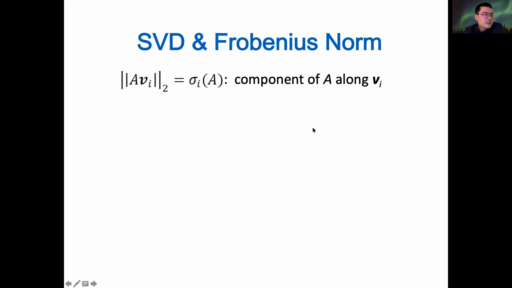So let's recap what we defined earlier. If you put vi here and compute this component, take the square root, it's sigma. This is a singular value, a component of A along vi. Now we can prove this: the summation of all the components of the singular values.